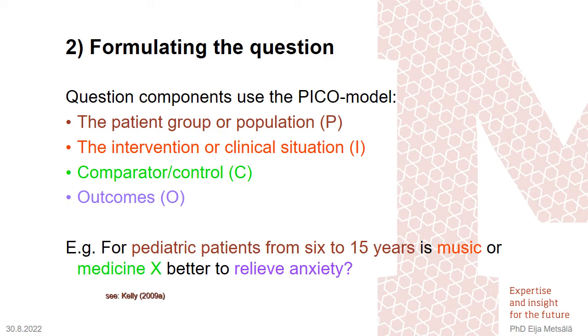Here music is an intervention, medicine X would be a control, and what we aim to achieve by this intervention and control would be relieving anxiety. That obviously is the outcome we are looking after.